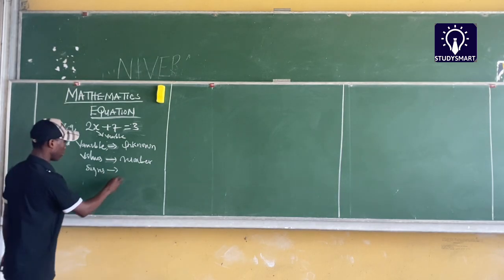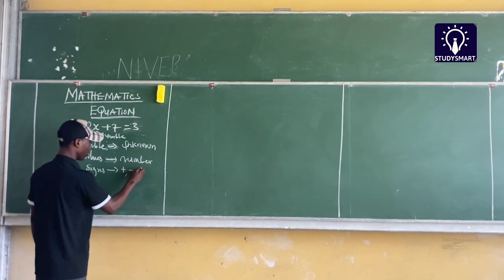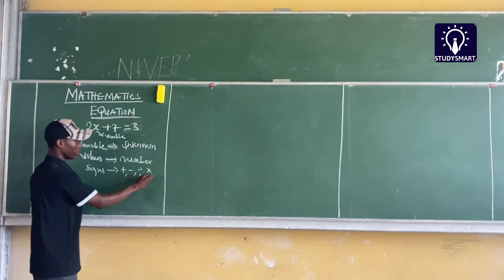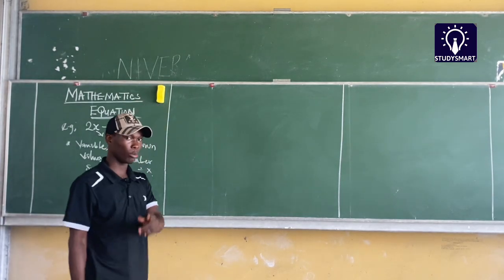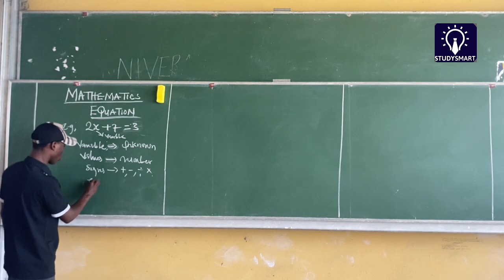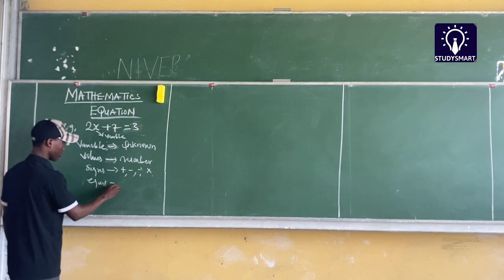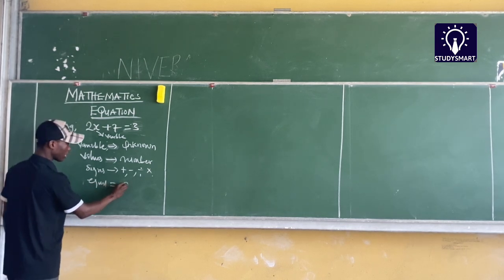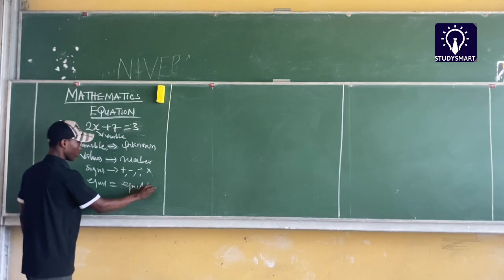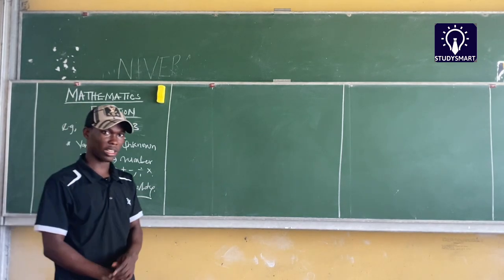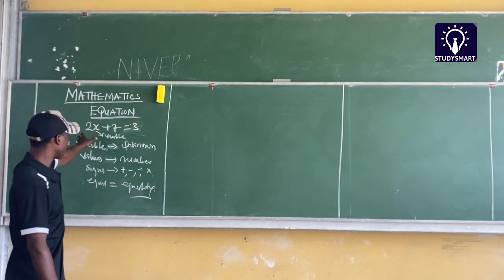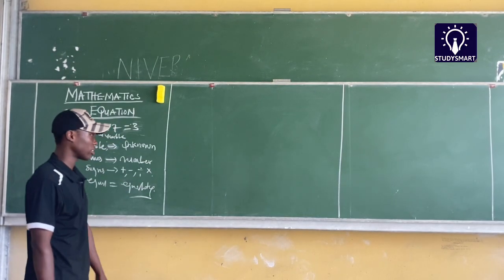Signs here means plus, minus, division, and multiplication. The last one is the equal sign, which shows equality. To summarize, an equation must have an equal to sign. Just know that.